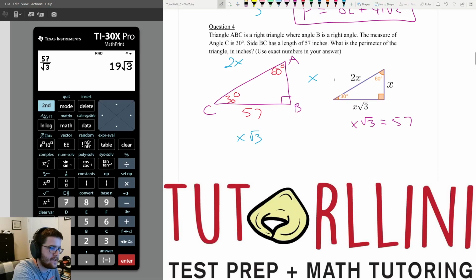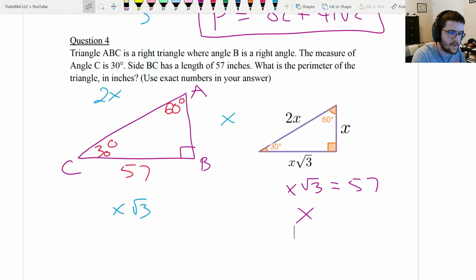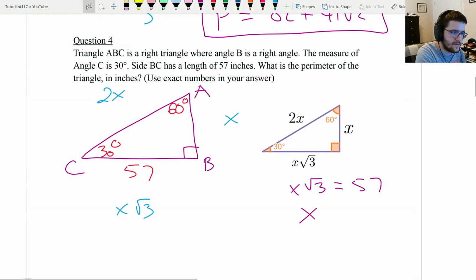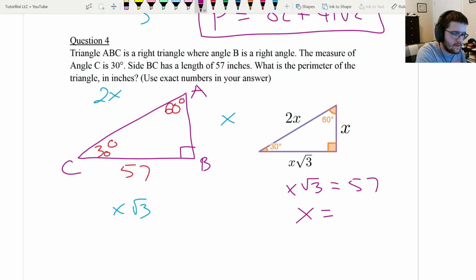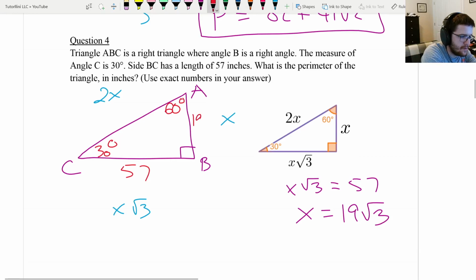So X, let's go back over here, is equal to 19 root 3. And we can now label that on the picture. So 19 root 3 would be the X side. And then the 2X side would be 2 times 19, 38 root 3.